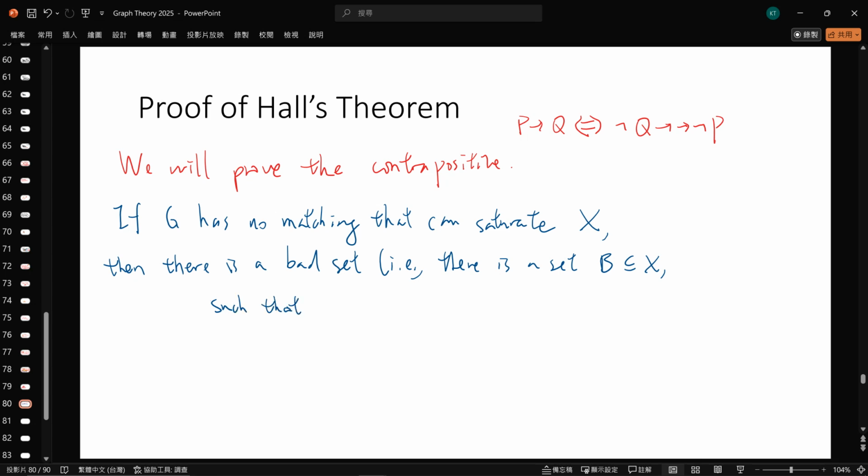Okay, since this is a bad set, this means that it has only a few neighbors. So the neighbors of B, it's not enough.